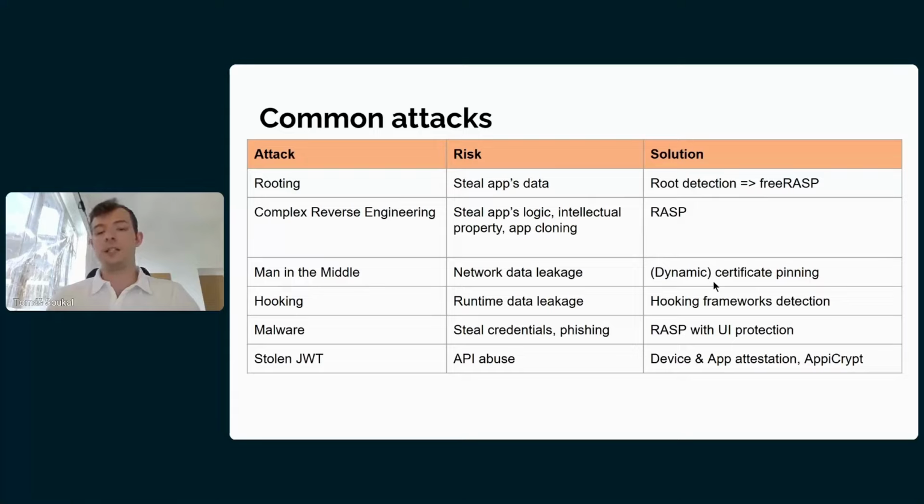So it's better to look after dynamic ones. For hooking attacks that may result in runtime data leakage, you need to equip your application with hooking framework detection. For that, you may again utilize freeRASP or some other library.